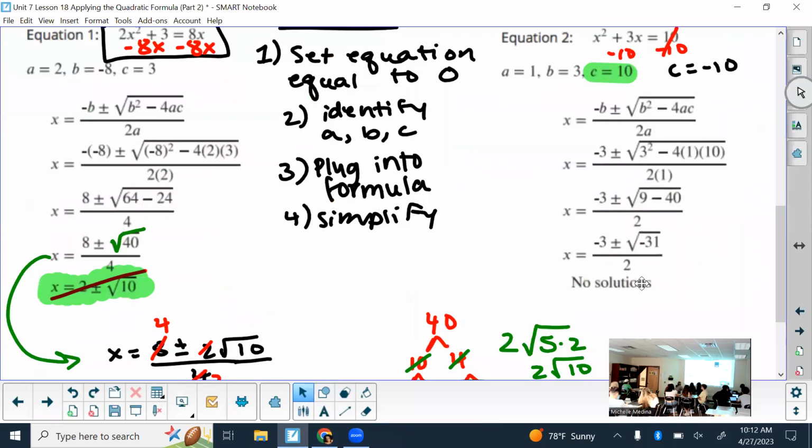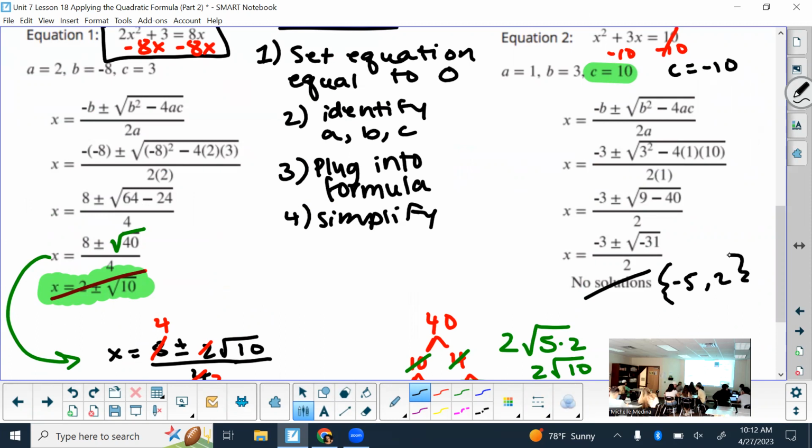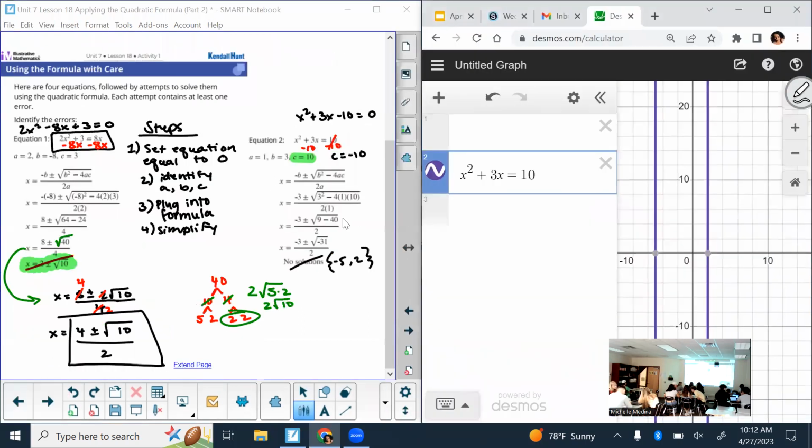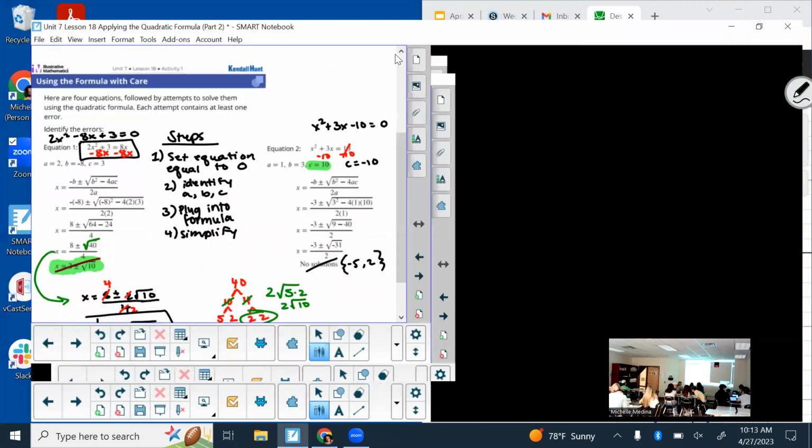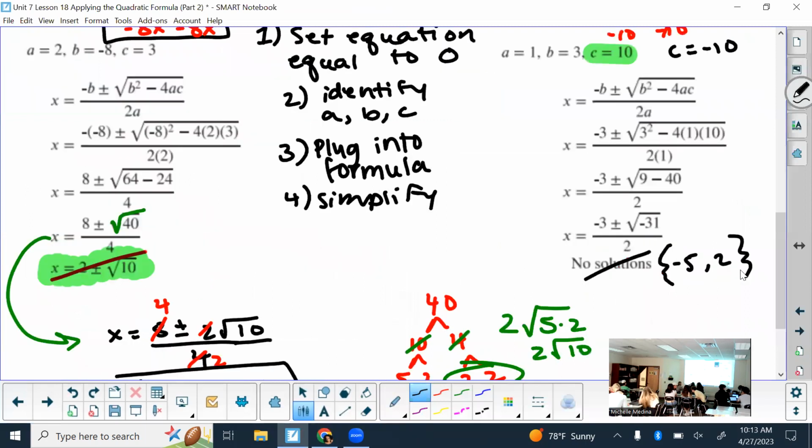It does have solutions. It's -5 and +2. The other two were irrational, so it doesn't really help you unless you're testing an answer to compare it to. But that's just one more way you could make sure you're doing it right on a test. Questions on that?